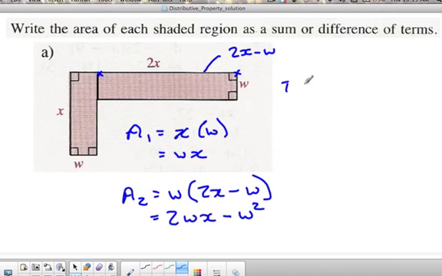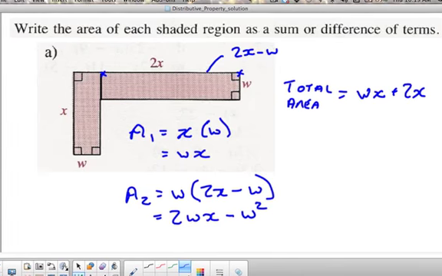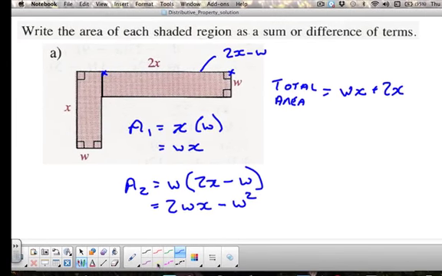So the total area is going to be the sum of these two expressions. wx is our first expression, and then plus 2wx subtract w squared.